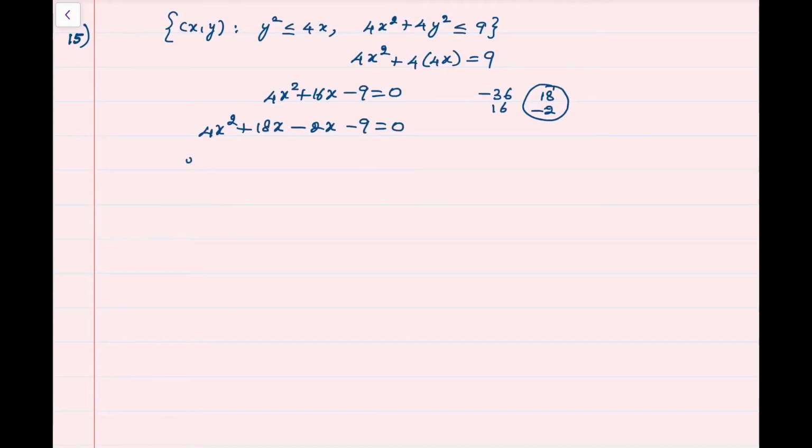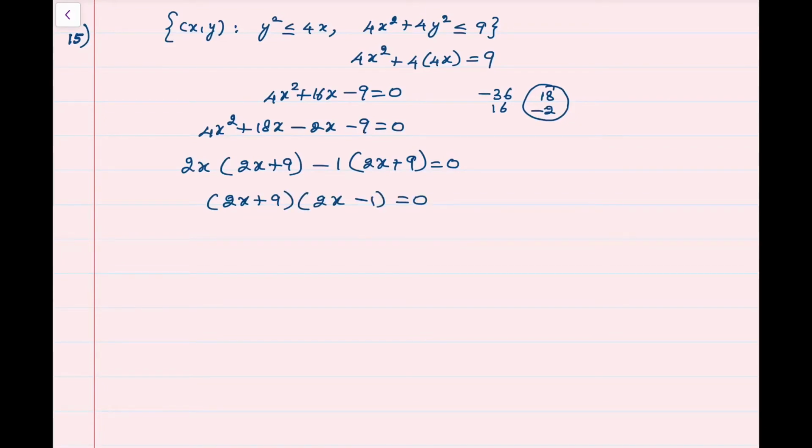From the first two terms, 2x is common. From the last two terms, minus 1 is common. Therefore, the factors are 2x plus 9 and 2x minus 1. We get two answers. x is minus 9 by 2 and x is half.